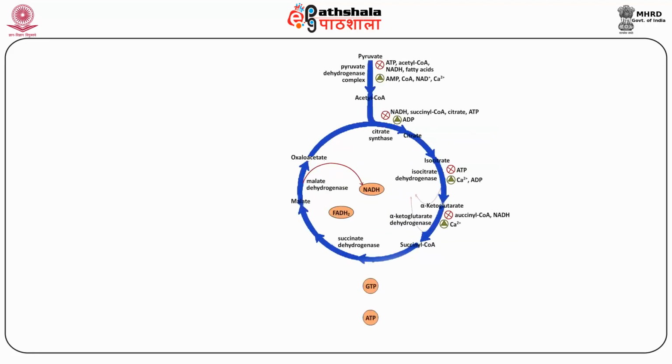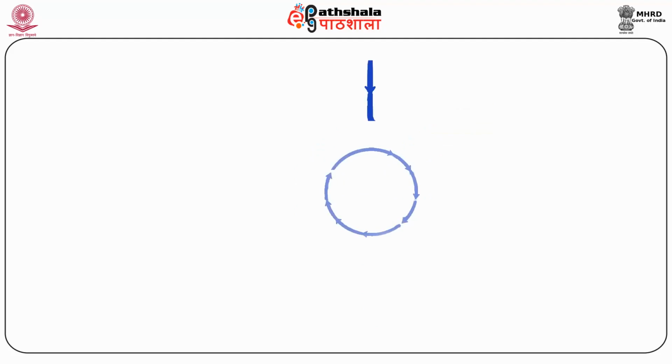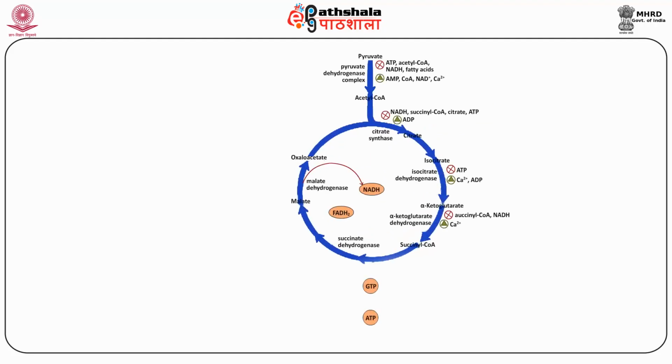If you see in the figure, availability of pyruvate promotes the production of acetyl coenzyme A. Here the reaction shown in a red rectangle is the limiting reaction which controls the entry of acetyl CoA to the citric acid cycle.